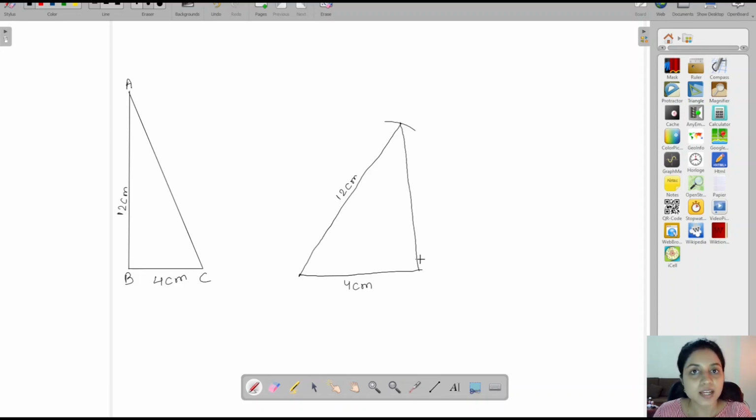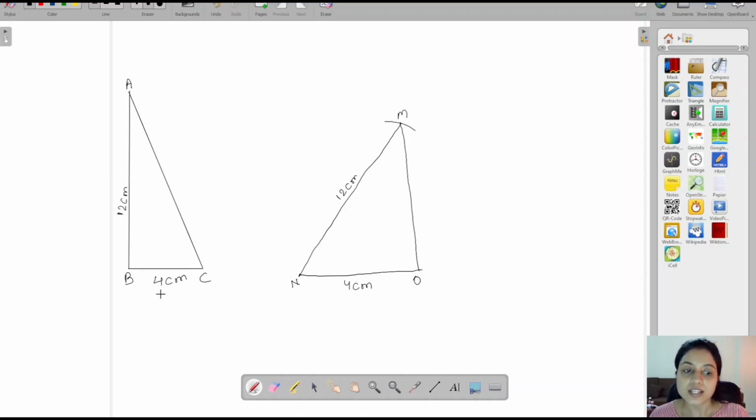And we'll get a triangle like this. Let's say this is triangle MNO. Now here also it is not possible to get one and only one triangle which must be congruent with triangle ABC.